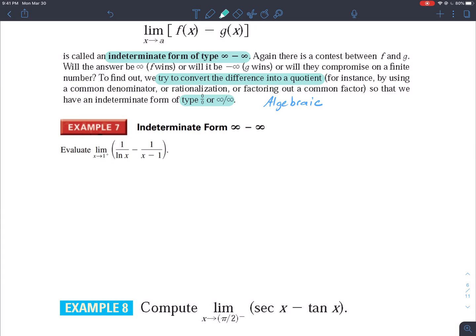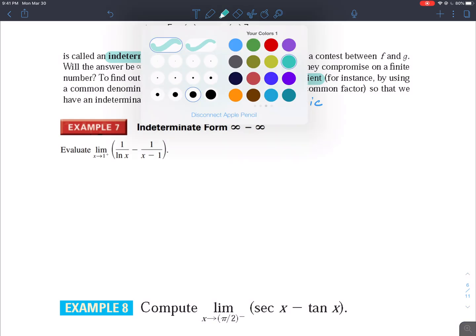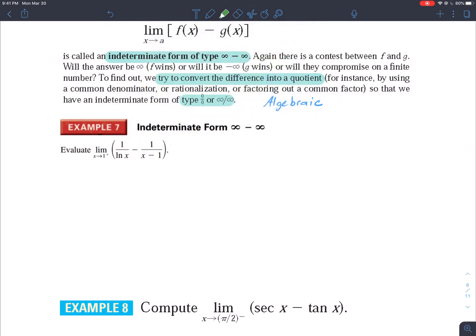ln of x minus 1 over x minus 1. If I let x approach 1 from the right side, this is going to be a little graphing exercise again. Notice I'm going to highlight here, in this green highlighted one, that is the ln of x function.